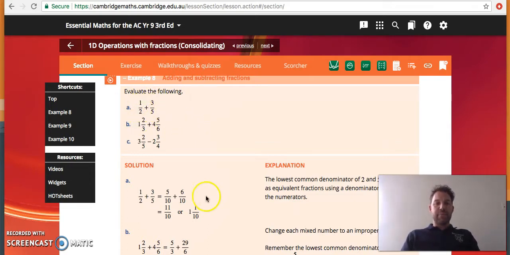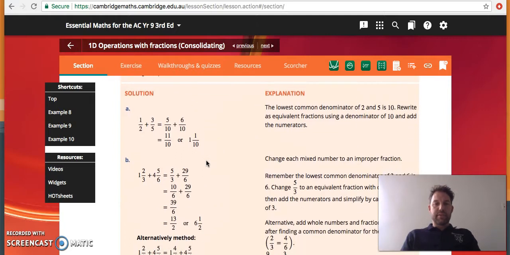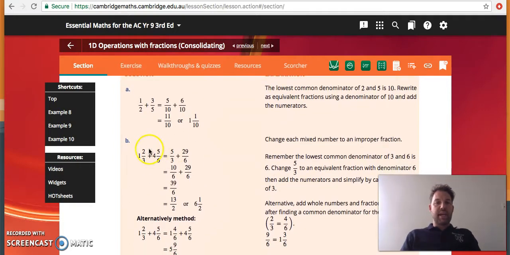Our next example here is involving some mixed numbers, 1 and 2/3 and 4 and 5/6. This first step here is to change them into an improper fraction. So we don't want them as a mixed number.